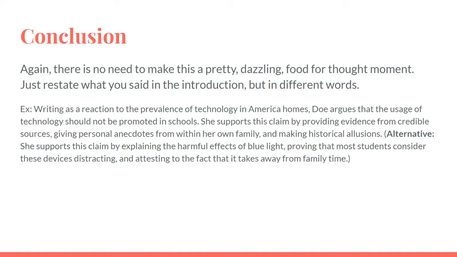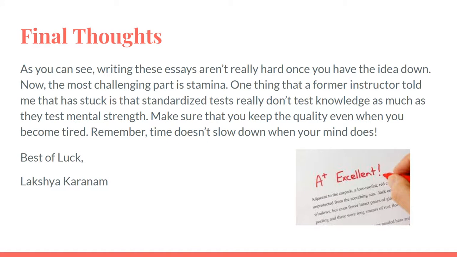Use specific evidence from the passage, and every single sentence needs to be really specific because you don't have a lot of time, so you're going to write a smaller amount of information. So everything that you write needs to be very valuable information.